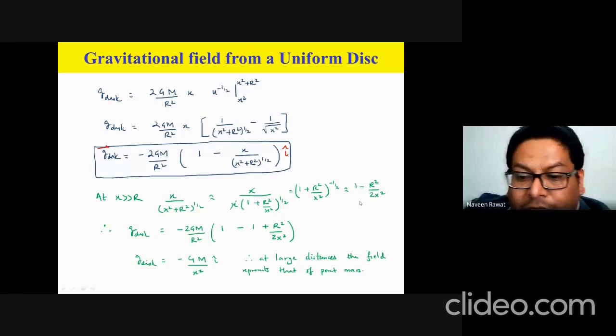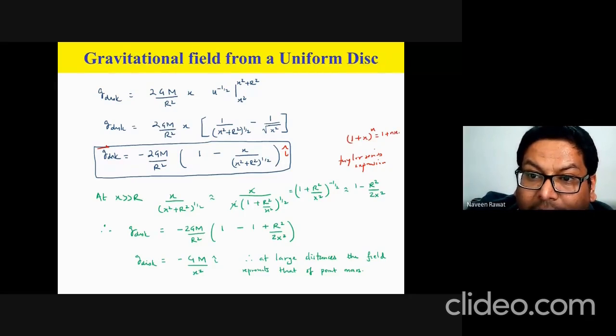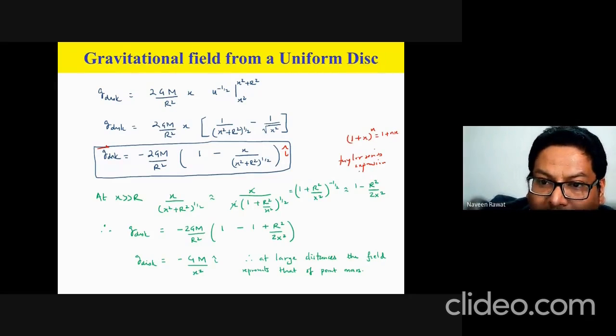And remember, we are again using the Taylor series expansion, very useful, where we are saying that 1 plus x raised to n is just 1 plus nx, and we are ignoring the higher order terms. So again n is minus half, so you get 1 minus half times r square by x square. So that is the expression you are getting, 1 minus r square by 2x square.